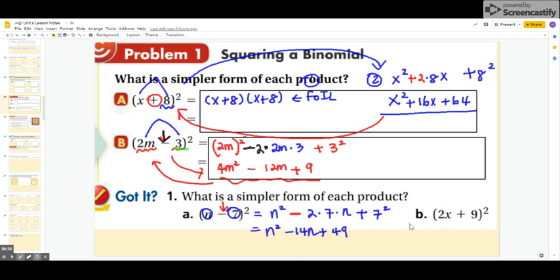And the same thing, 2x, make sure that you square the whole thing. And double it, 2x times 9, plus 81. So if you multiply these 2x twice, it's going to be 4x squared plus 36x plus 81.